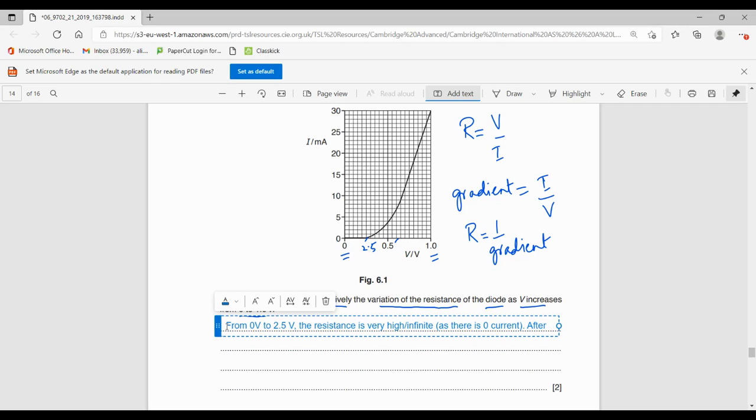After 2.5 volts, the resistance starts to decrease as current increases. After almost 0.65 volts, the resistance becomes constant. And that is our answer.